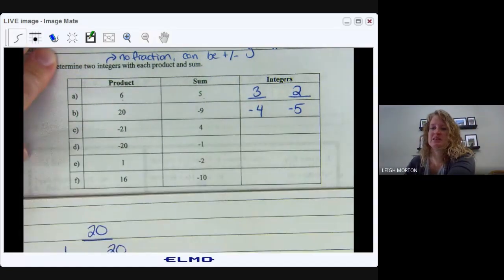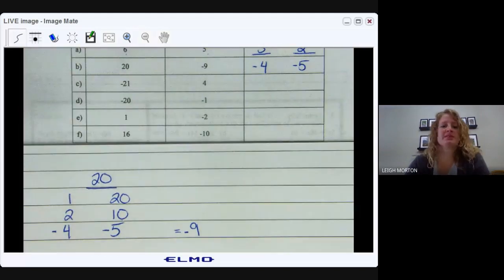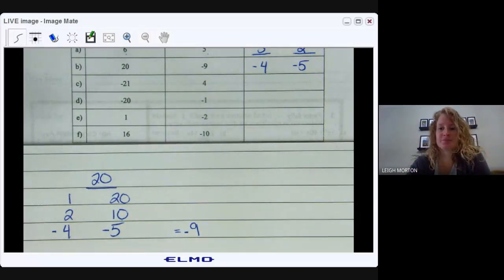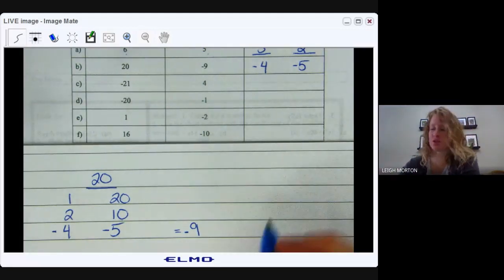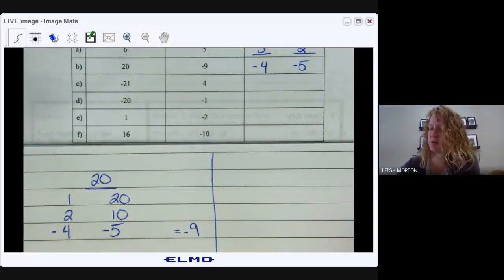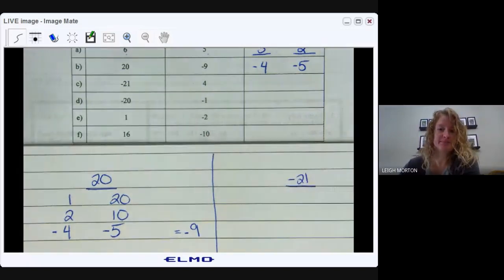Take a moment or two and try the other 4 problems here. Okay, class, I'm going to work through some. If you're feeling good on these, go ahead. Okay, class, let's do C. So my product is negative 21.